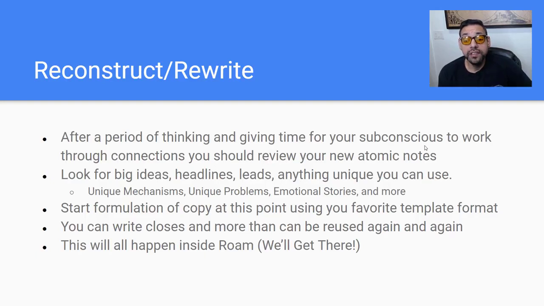And the cool part is, as you do this, you're going to build up pre-done copy that you can pull from again and again. So you can write closes and guarantees, different stories, different analogies, things that you can use over and over again. You're building up a massive amount of great info.